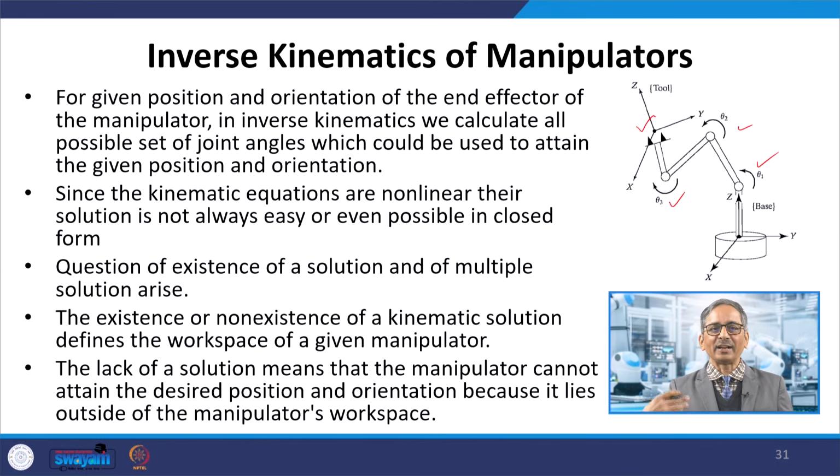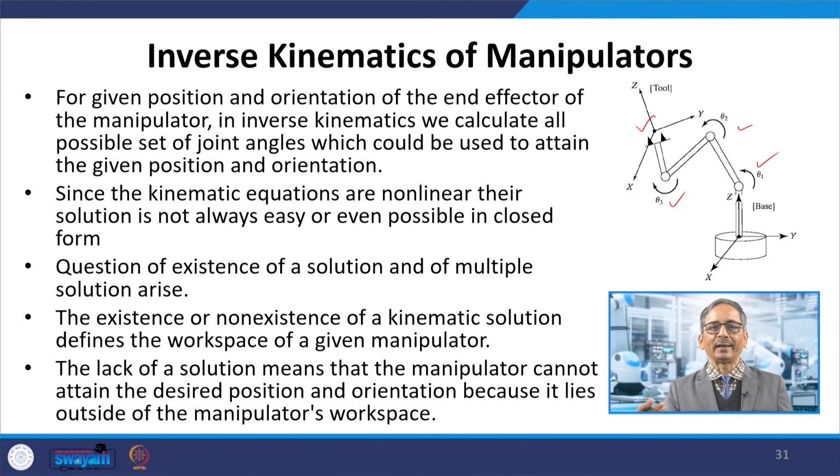So the existence or non-existence of a kinematic solution defines what we call the workspace of the given manipulator. It is basically the volume up to which the manipulator can reach. That maximum volume is what we call the workspace of the manipulator.